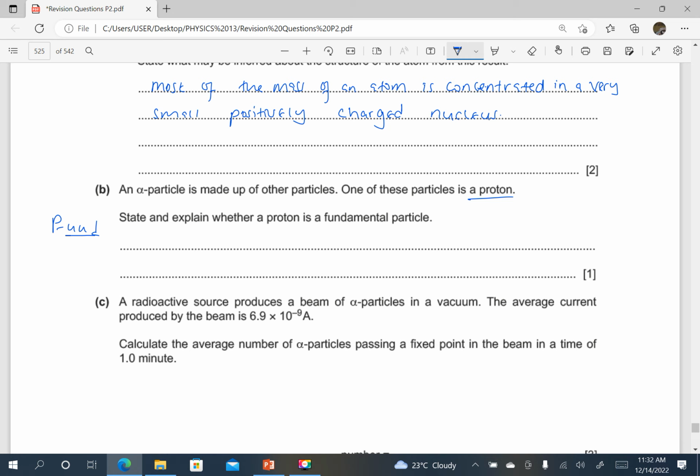A fundamental particle is not made up of any other particle. So a proton is not fundamental because it is made up of quarks.